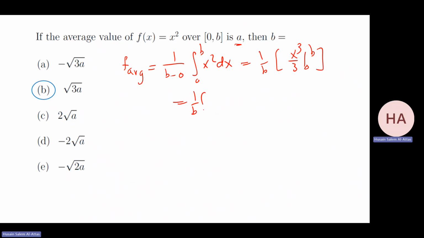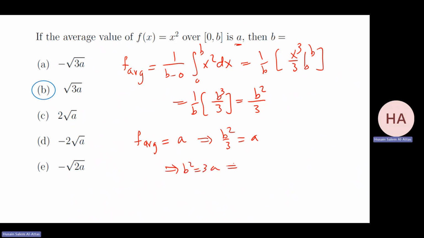That will be 1 over b times b cubed over 3, which is b squared over 3. F average is equal to a. That implies b squared over 3 is equal to a. I'm looking for b. So b squared will be 3a. So b equals square root of 3a or b equals minus square root of 3a. For sure, I will take this since b is positive.